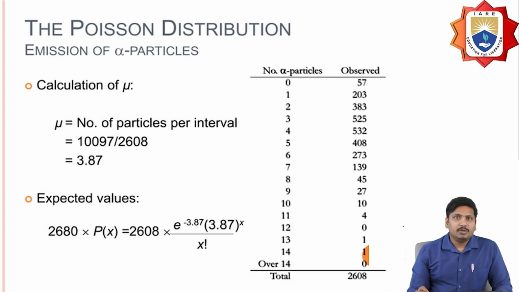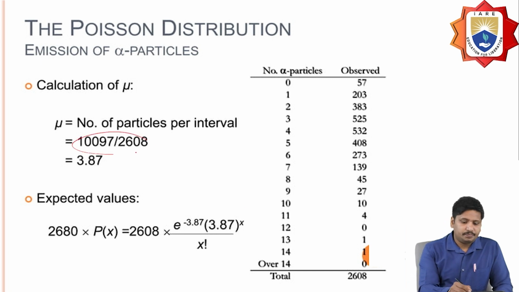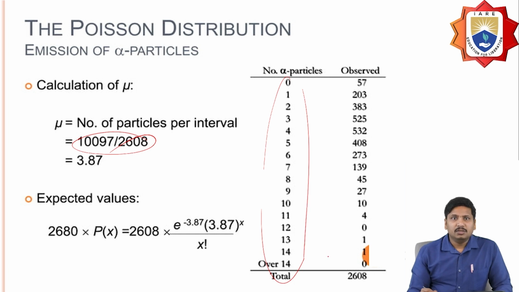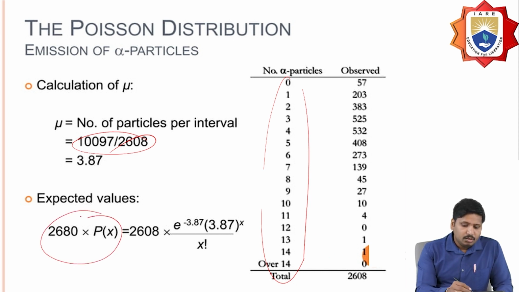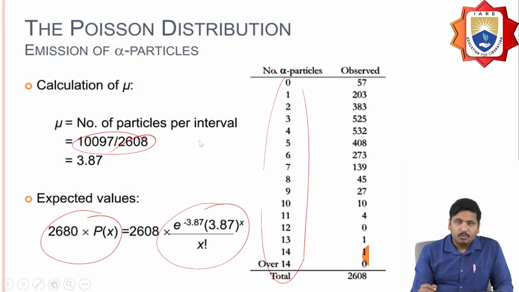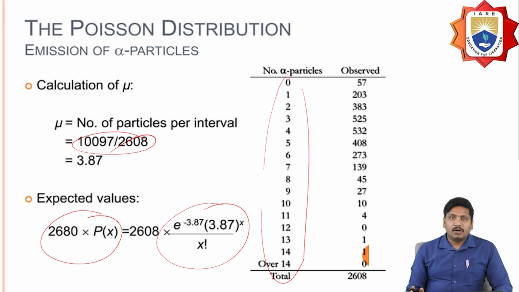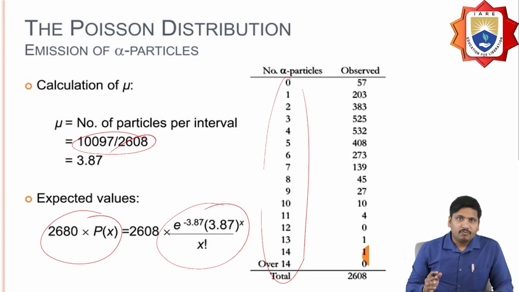The number of particles per interval is denoted like this. In total I'm considering 14 particles, and for these I'm going to calculate the expected value, that is 2680 into P of x, where 2680 is multiplied by the Poisson distribution equation. Like this we calculate the expected value, and from this we get the observed frequency.